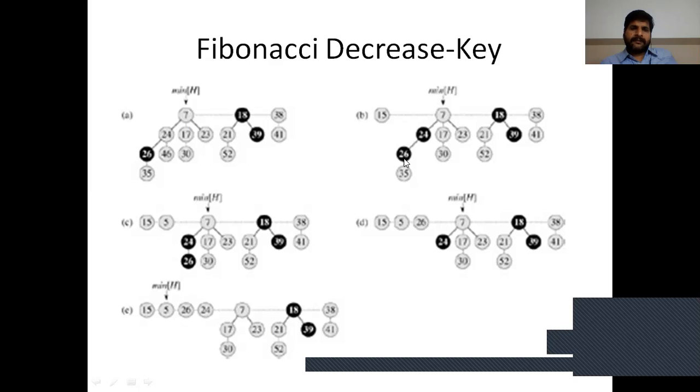Now 26, now 35 decreases to 5. So 35 decreases to 5 and 26 already marked. After decreasing the key, there is a double mark on 26.